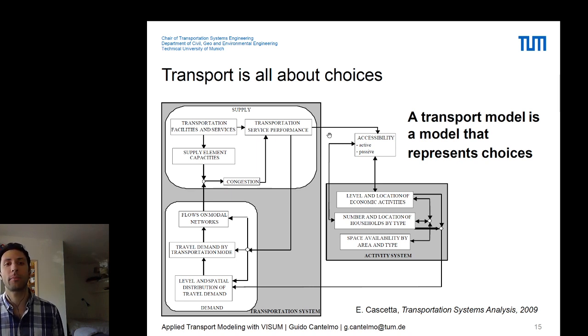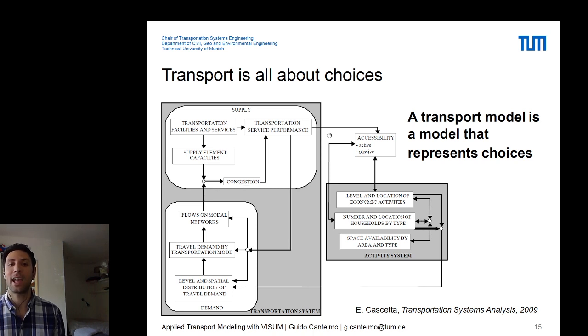When we talk about supply, we are mostly talking about transport facilities. So we're talking, for instance, about transportation infrastructure in terms of how many highways we have, how many kilometers of road infrastructure we have, if a certain area is connected or is not connected. We are talking, of course, about their characteristics.